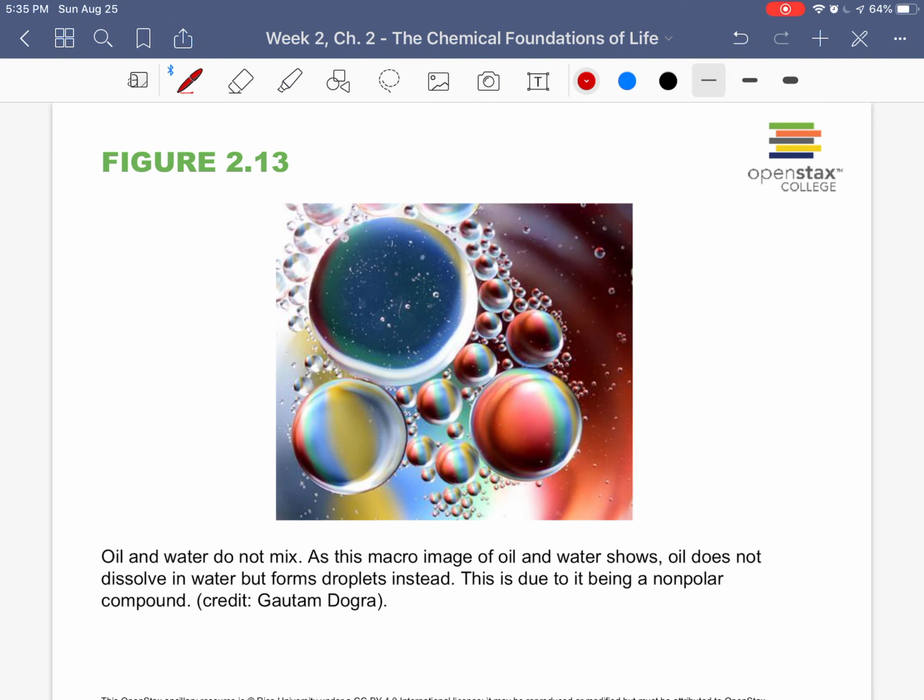Okay. Oil and water do not mix. Water is, as we've learned, polar. Oil is a lipid, and lipids are made of carbon, hydrogen, and oxygen. Lipids are made up of carbons that are strung together, and they are surrounded by hydrogens.